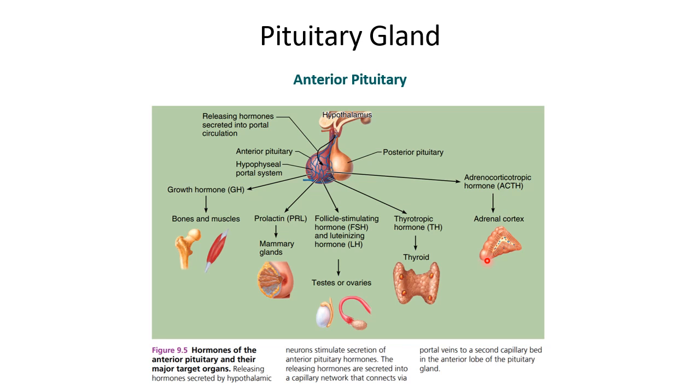Again, because the stimulus for the secretion of the mineralocorticoid aldosterone is primarily angiotensin 2 and serum potassium.